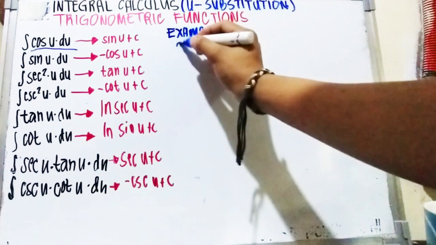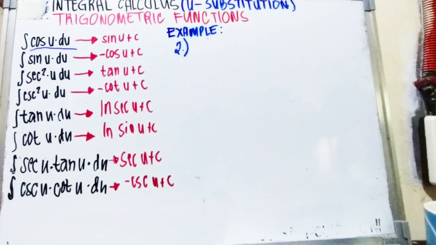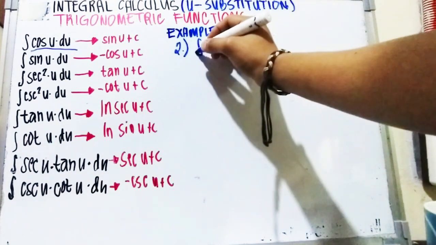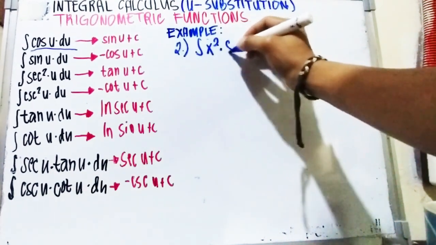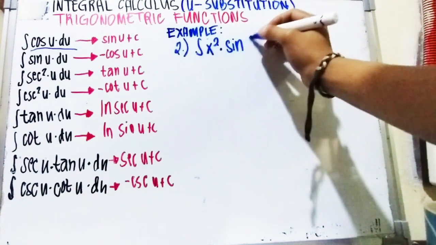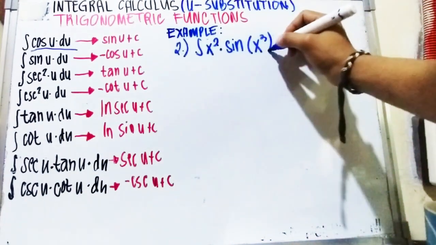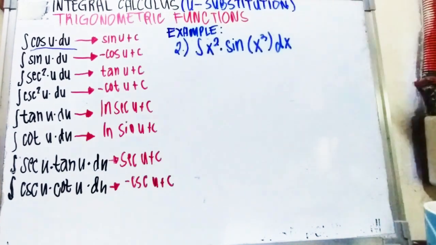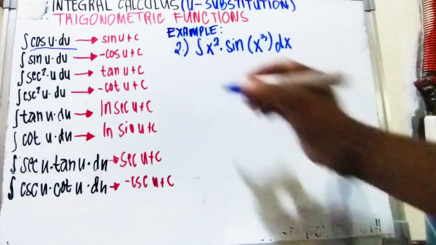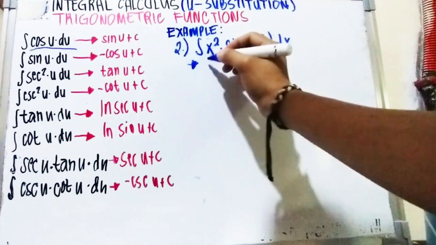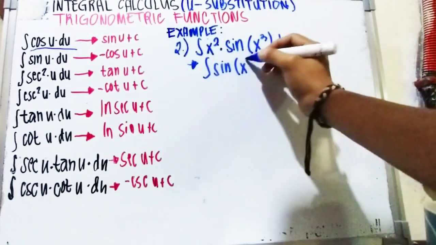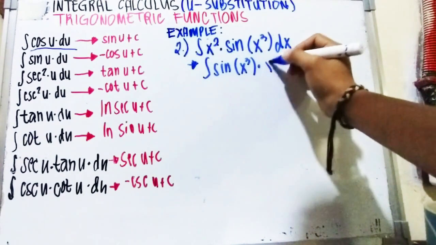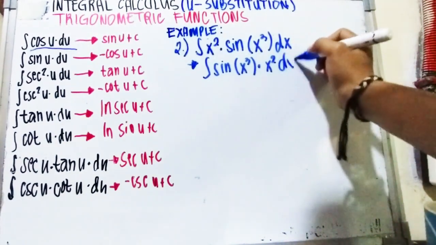So, let's have our second example. Integrate the function x squared times sine quantity x cubed dx. Pwede natin itong i-rewrite into integral of sine x cubed times x squared dx.